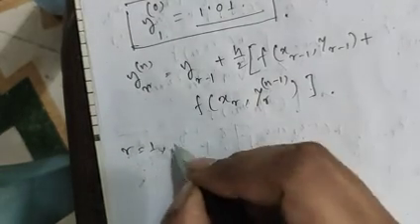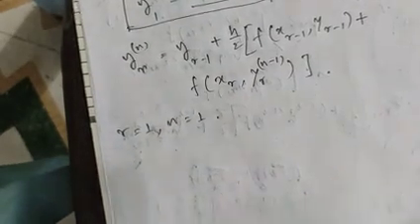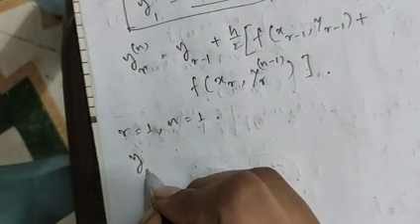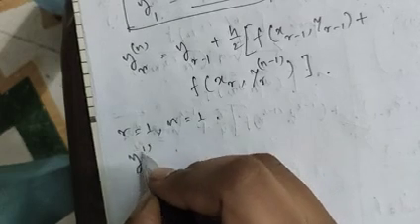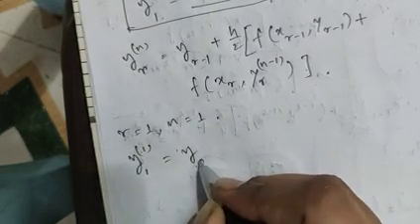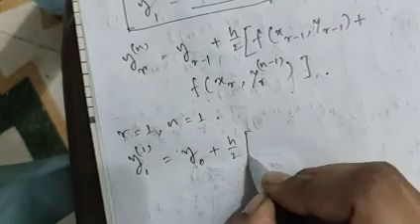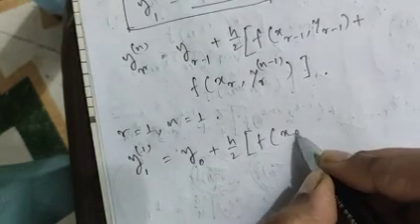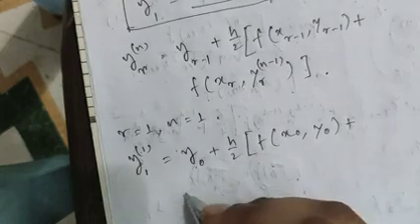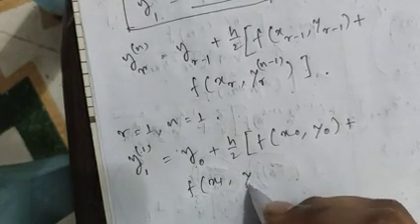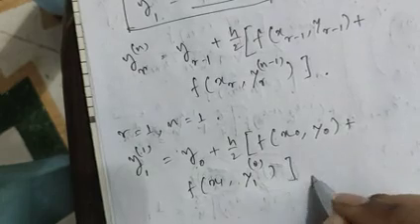So if you put r equals 1, n equals 1, what will you get? y_1^(1) equals y0 plus h/2 into [f(x0, y0) plus f(x1, y_1^(0))].